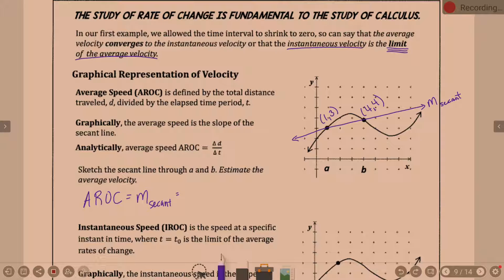Change in y over change in x. So in this case, I'm going to do 4 minus 3 over 4 minus 1, which is 1/3.